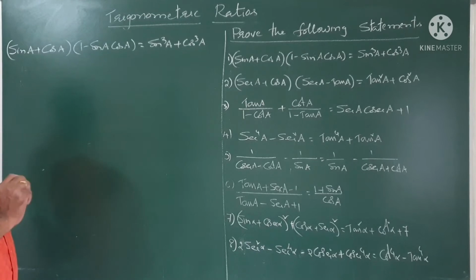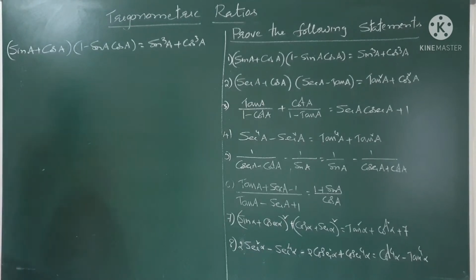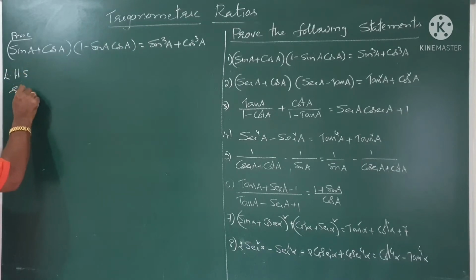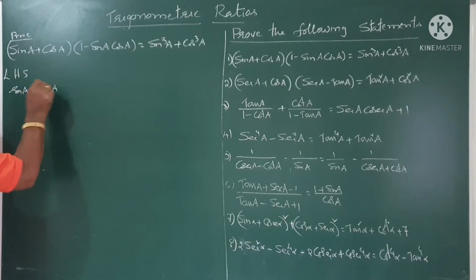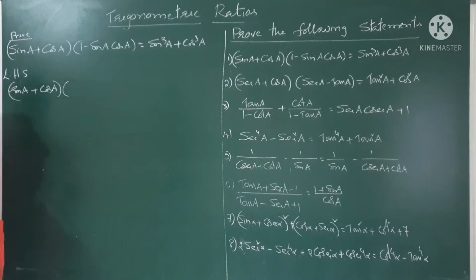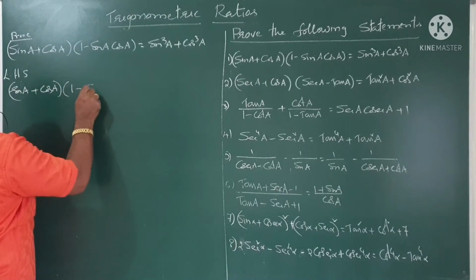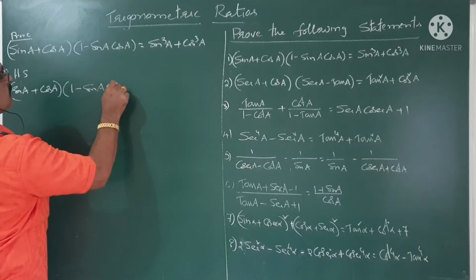But here I want to use an algebraic identity. So left hand side, LHS: sin A plus cos A times 1 minus sin A cos A.